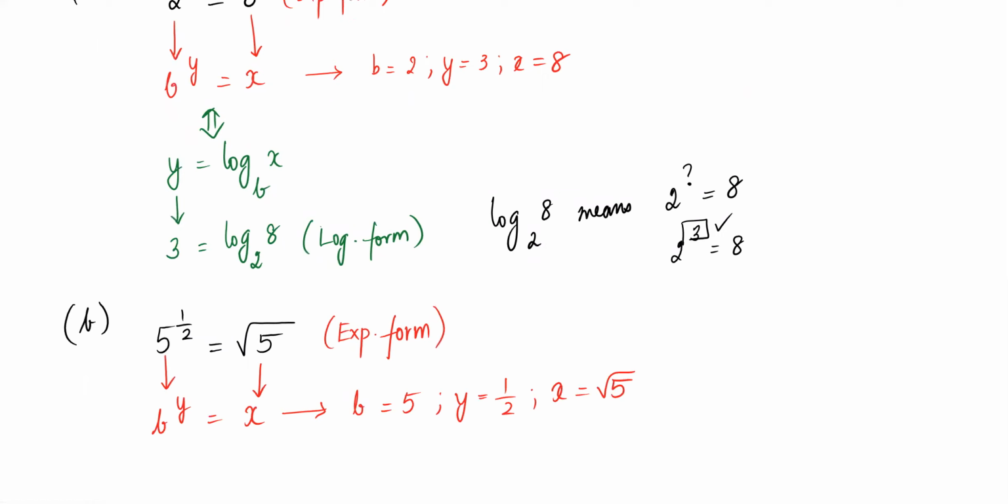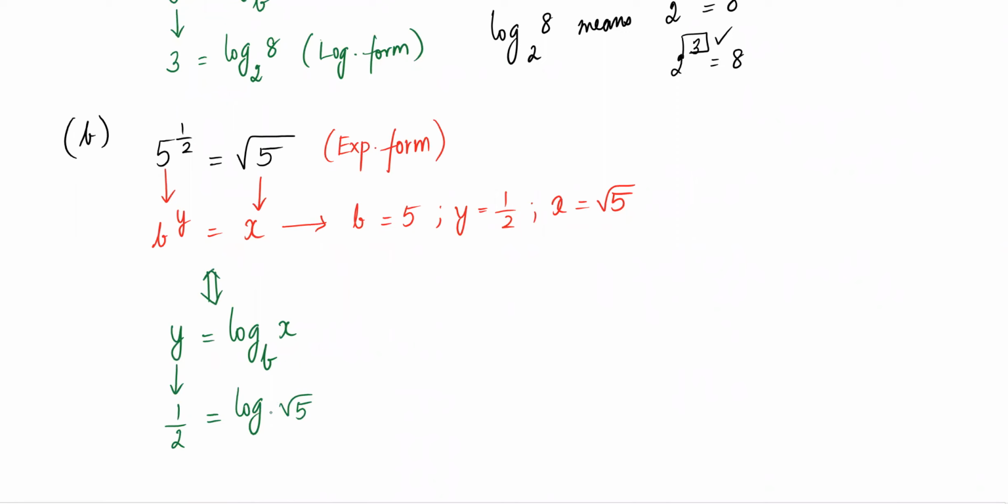Now that you've got this, you can go ahead and fill the template. Okay, so that's going to be y equals log x to the base b. So we'll replace all these positions now. y is half. Log is log, x is square root of 5, and b is 5. Okay. So this means 5 power what will give me square root of 5. Okay. And the answer is half. 5 power half is square root of 5.